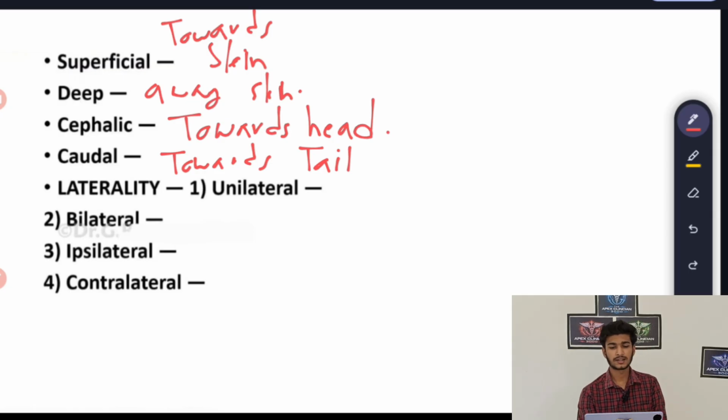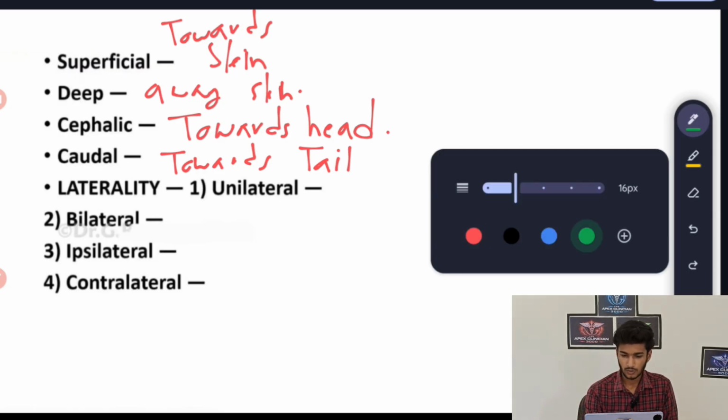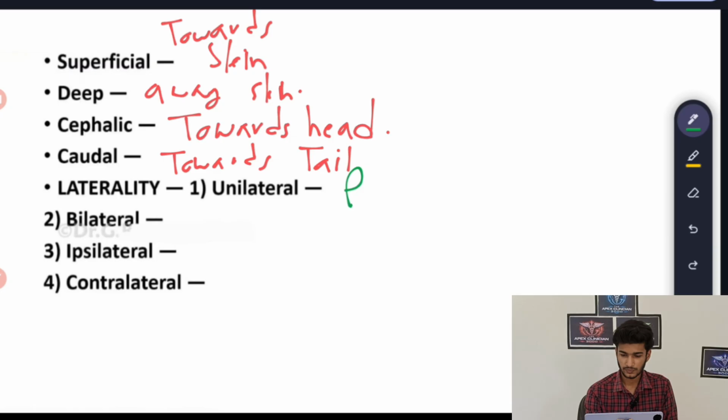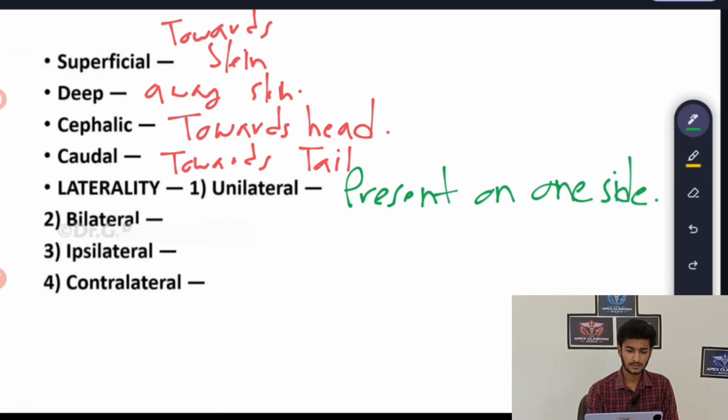So here we will write the definitions. What is unilateral? Present on one side of the body, that is unilateral. In bilateral, it is present on both sides of the body.